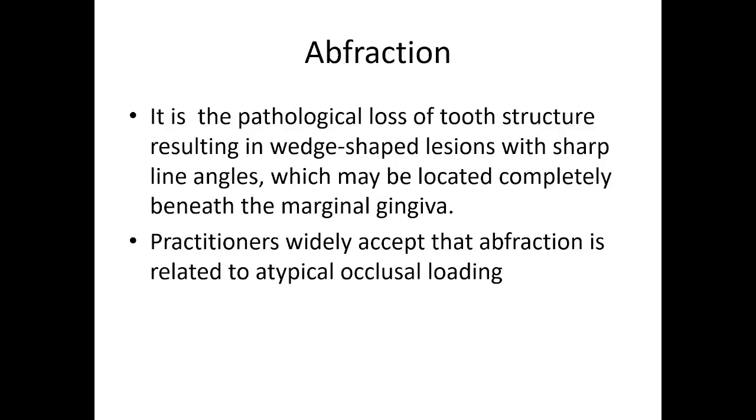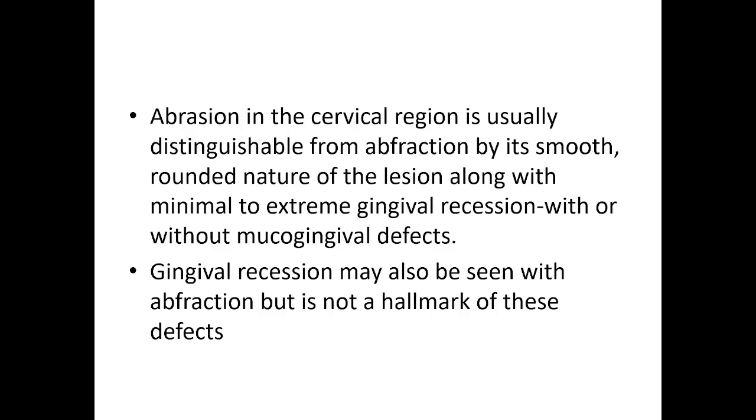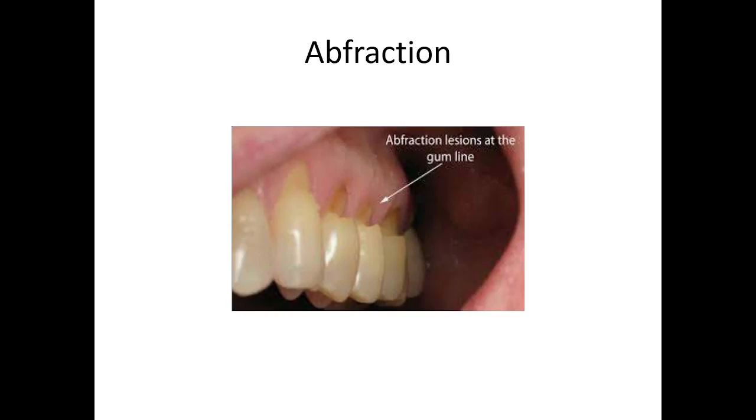Abrasion in the cervical region is usually distinguishable from abfraction by the smooth, rounded nature of the lesion, along with minimal to extreme gingival recession with or without mesogingival defects. Gingival recession may also be seen with abfraction, but it's not a hallmark of these defects. This is a typical picture showing how abfraction would look at the gum line.